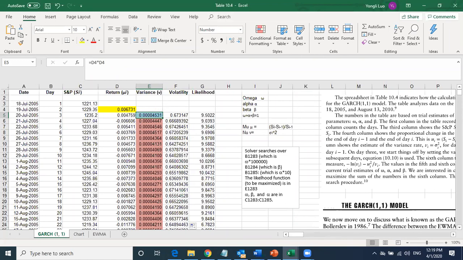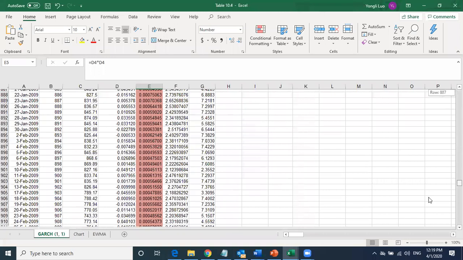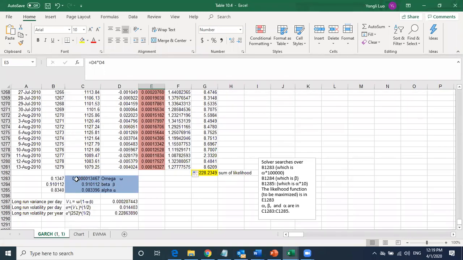So we go all the way down and we can see this is the parameter you estimate. When you estimate that parameter, we have this one times 10,000, that's going to be this number. And the beta is the same.